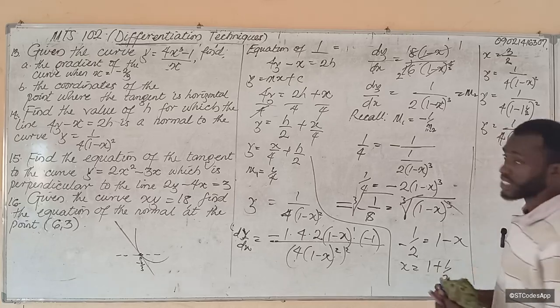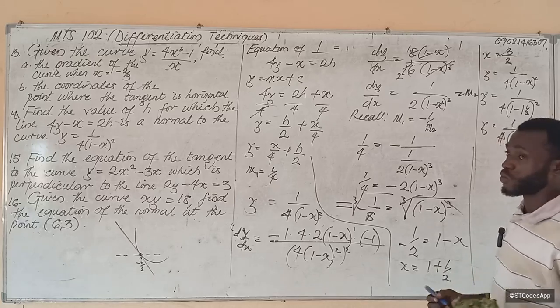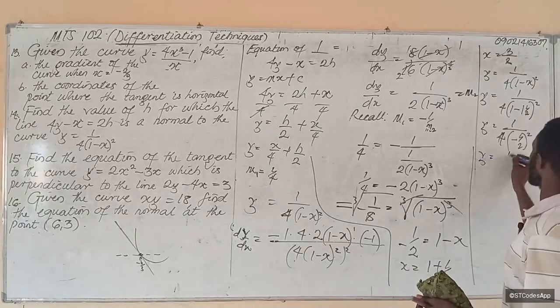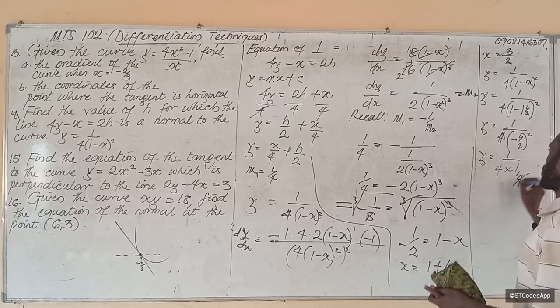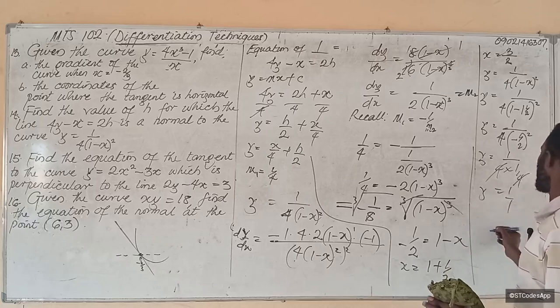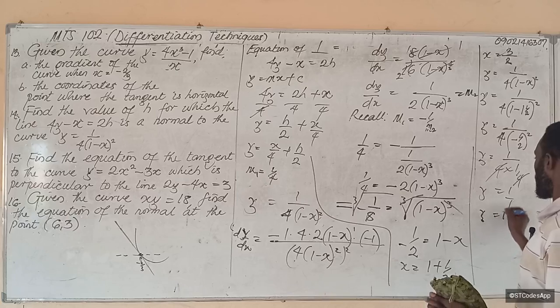Minus 1 over 2 all squared is 1 over 4, right? So y will now be equal to 1 over 4 times 1 over 4. So y equal to 1.